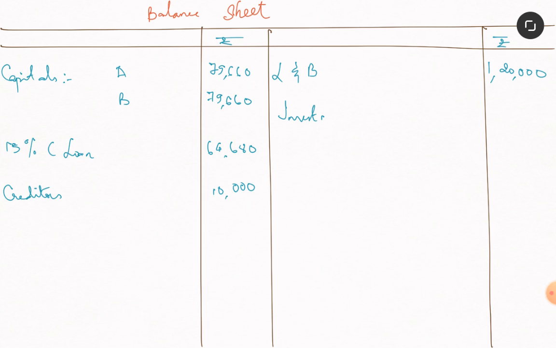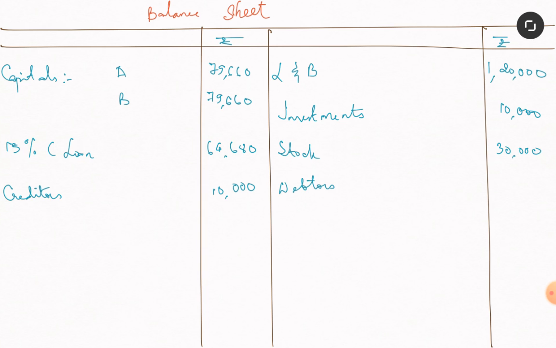In case of investments also, we had a revaluation. Originally 12,500, it was reduced by 2,500 and now we have investments worth rupees 10,000 only. And the next asset is our stock. In case of stock, it has increased to the extent of rupees 30,000.